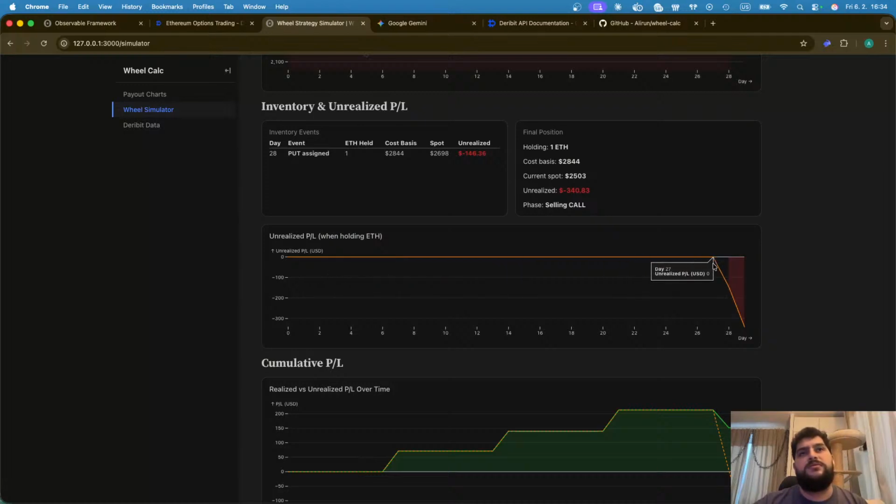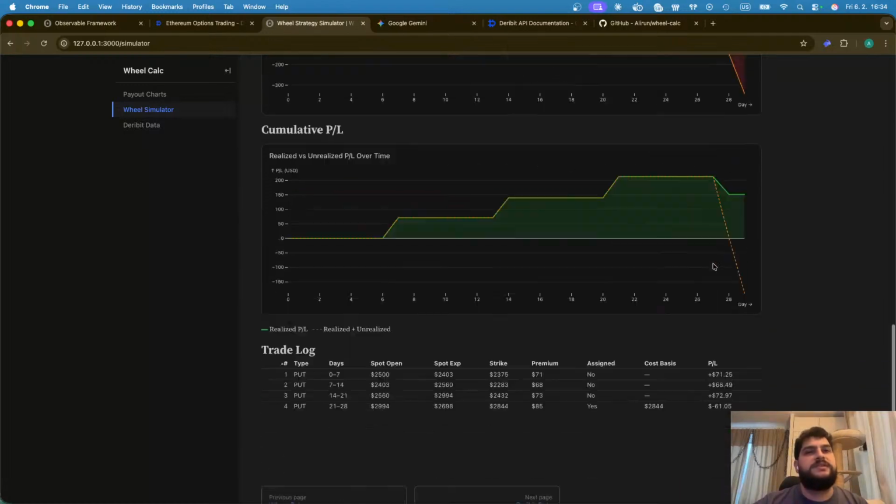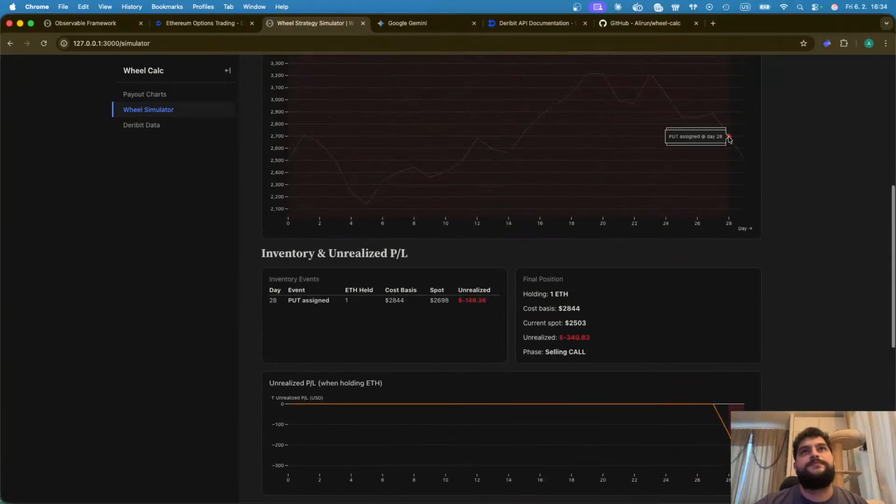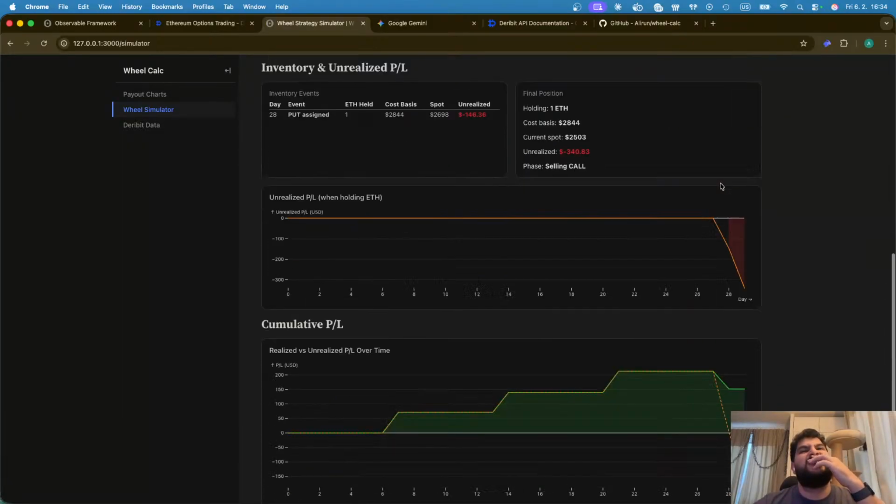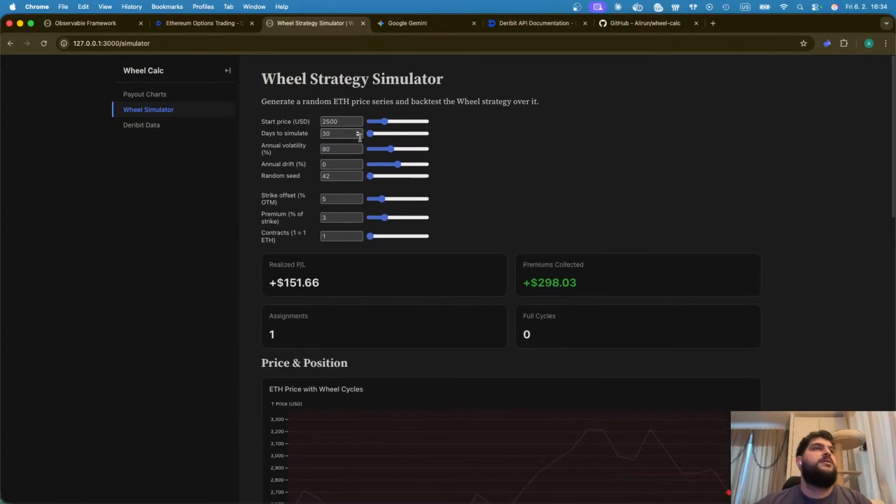We had no Ethereum here. Then at day 27, or at day 28, we purchased it, and we immediately started to be minus 46, and then it was more. Yeah, okay, now I get it. Okay, let's make it 45.